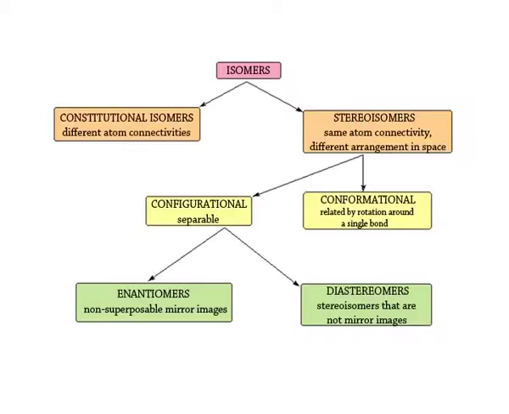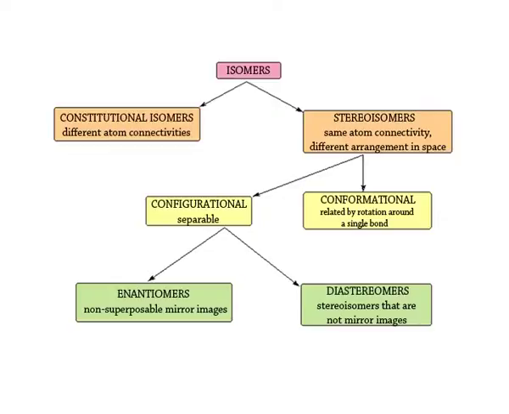I would like to introduce a broader classification of all the isomerism, stereoisomerism specifically. Now dear students, look, isomers: first is constitutional isomers, different atom connectivities I would say, and then stereoisomers, same atom connectivity, different arrangement in space. The absolute thing we have to learn in stereochemistry is the arrangement of atoms in 3D.